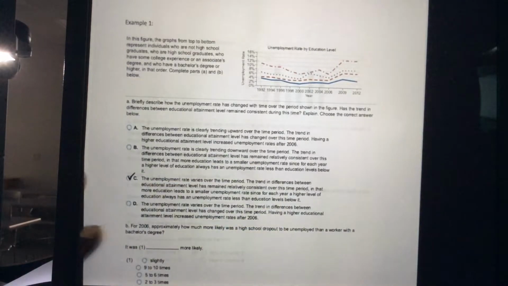In this case, it'll have to be this one, where the unemployment rate varies over the time period. The trend in differences between educational attainment level has remained relatively consistent over this time period, in that more education leads to a smaller unemployment rate since for each year a higher level of education always has an unemployment rate less than educational levels below it.